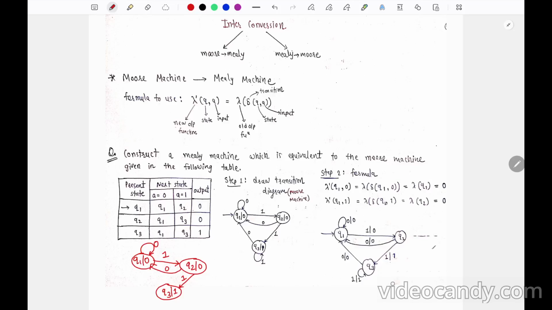If we give input 0 to Q3, we get Q1 as the next state. And if we give Q3 the input 1, we get the next state Q3 itself. This is our transition diagram of the given Moore machine.